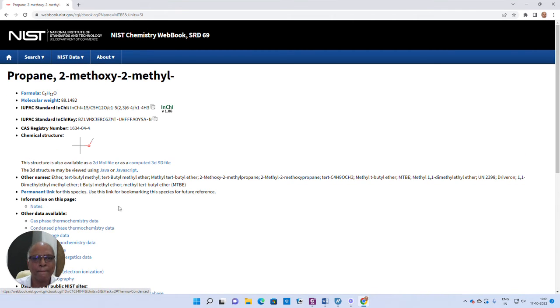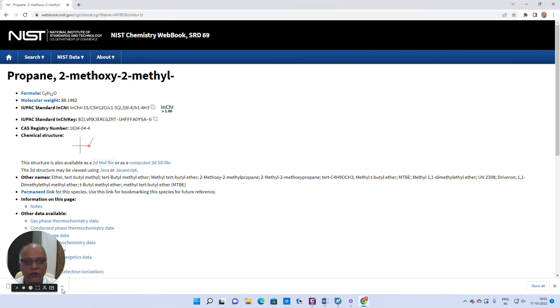Search. Now you can see the chemical structure of the particular compound is already available in this NIST database, chemistry webbook. So without specifying the molecular structure, you can import and use it for estimating the properties. For example, ASPEN can take the 2D mole file format. Just click on this. You will be able to get this 2D mole file.